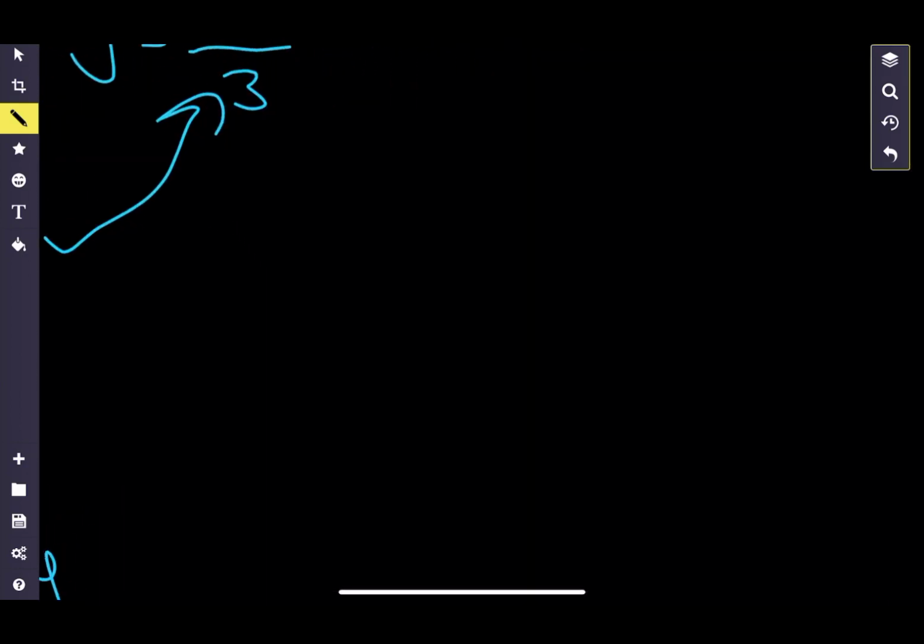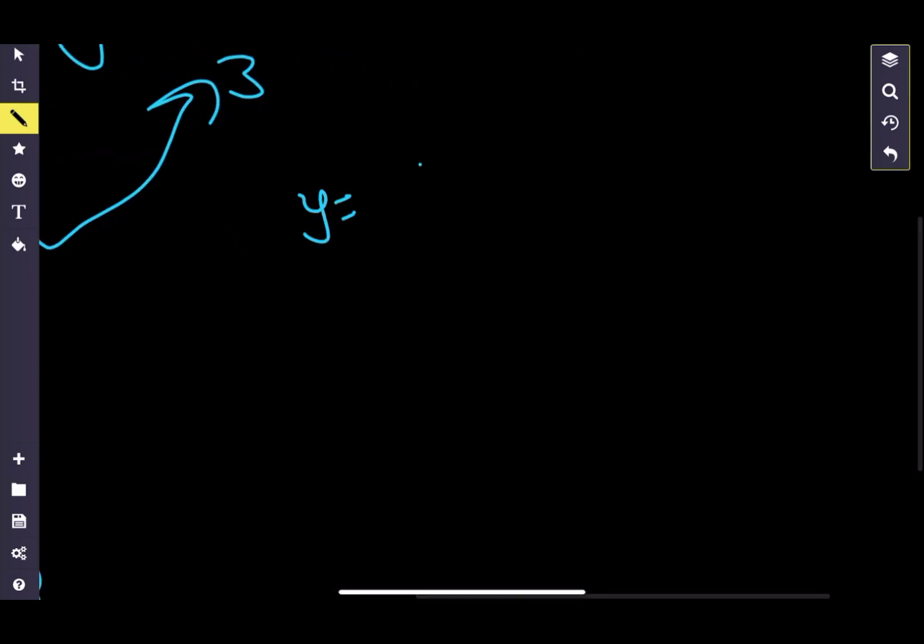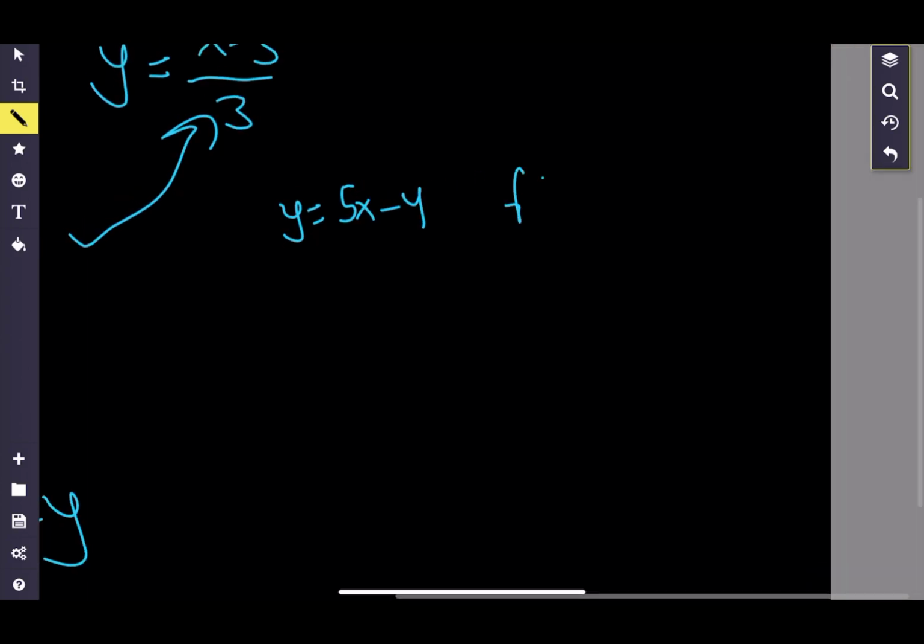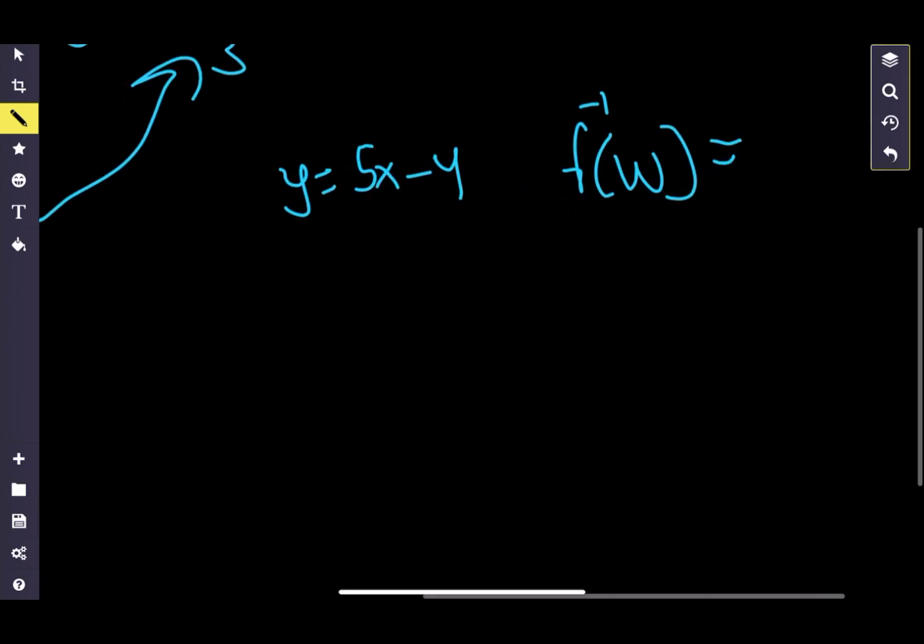Let's do another one. Let's say I have y equals 5x minus 4. What is the inverse of this function? Let's call this f inverse of w. Well, everywhere you see a y, turn it into an x, and everywhere you see an x, turn it into a y.